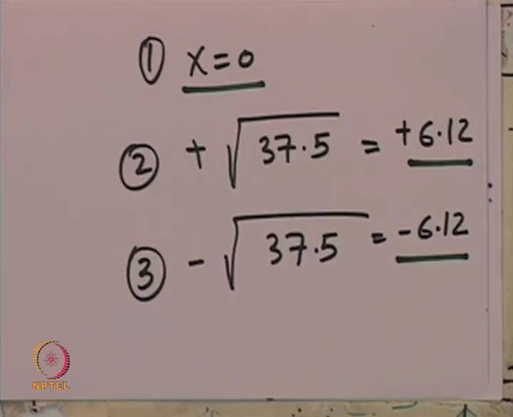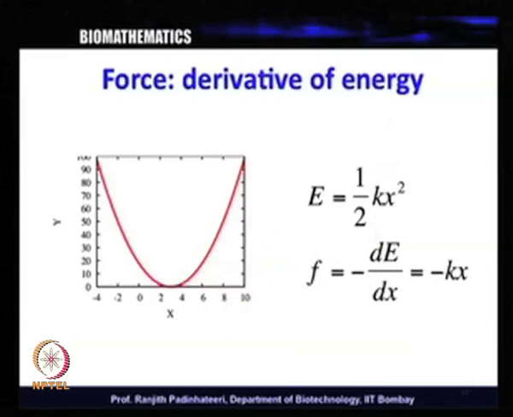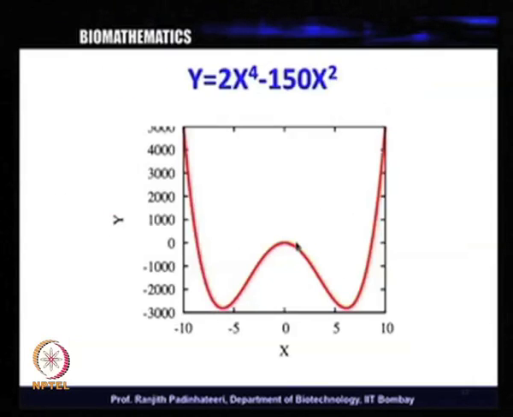Now, let us look at this plot here. If you look at this plot, the 0 is a maximum, plus 6.12 is one minimum here, minus 6.12 another minimum here.